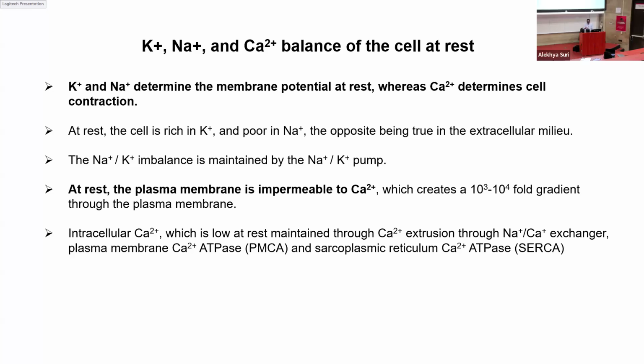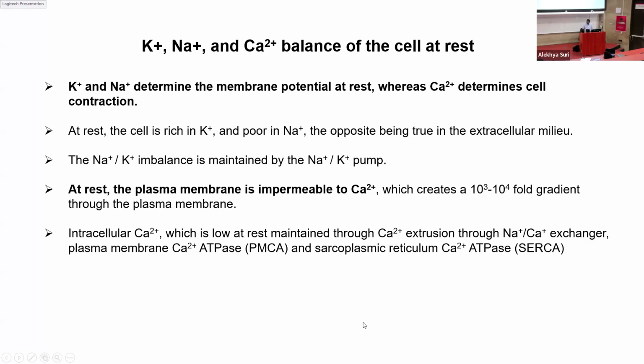Since it is working against the gradient, it requires an ATP molecule for its function. The sodium potassium pump itself is an ATPase, so it is also called sodium potassium ATPase.